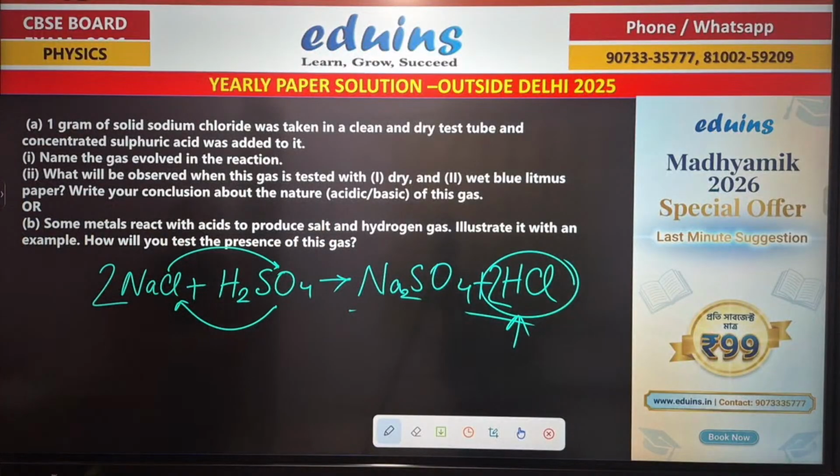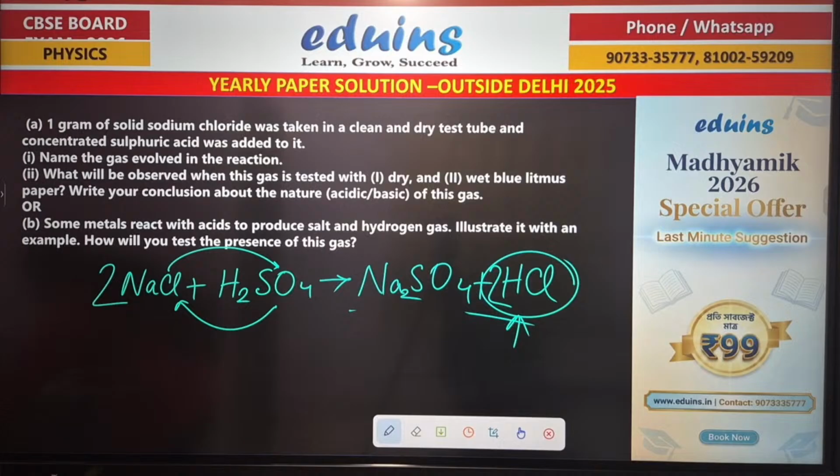HCl gas. That means solid sodium chloride and concentrated sulfuric acid, after reaction, is a pure double displacement reaction that produces sodium bisulfate plus HCl, hydrogen chloride gas. So this will be the gas. Okay, understand?